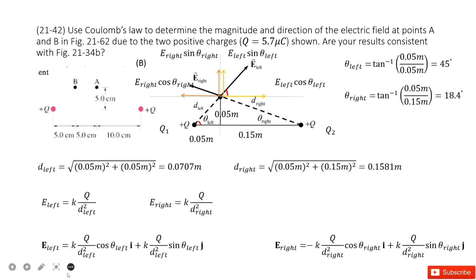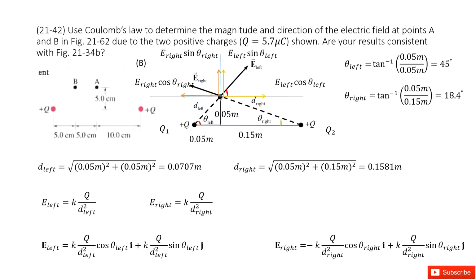Similarly, I'll change the color. This angle, theta right, is equal to this angle. Agree? So then we project E right into the X component and the Y component. Next question: how can we calculate theta left and theta right? Easy, right? First we look at theta left.